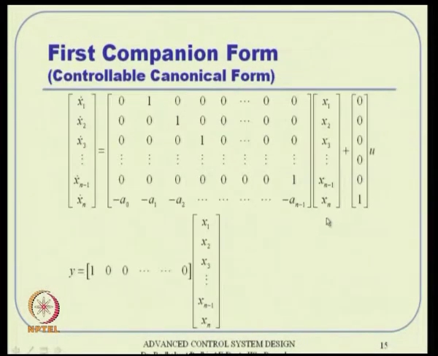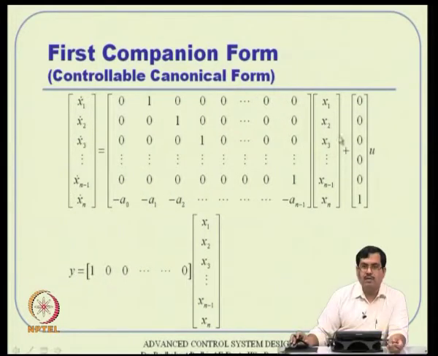So, that last component will come as 1. So, this will constitute your A matrix. This is x dot equal to A times x, and this is plus B times u. B can be a vector or matrix depending on how many controls you talk about. For a single control, it turns out to be a vector obviously.